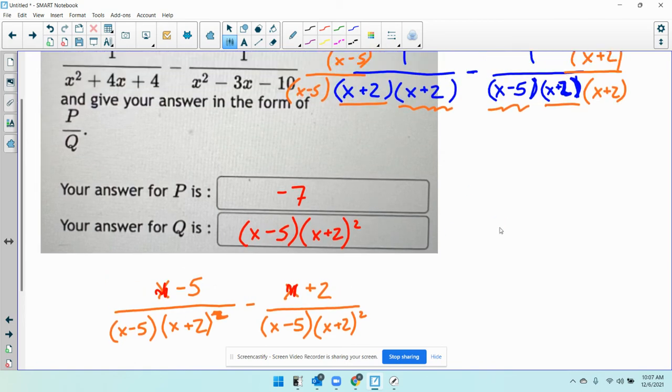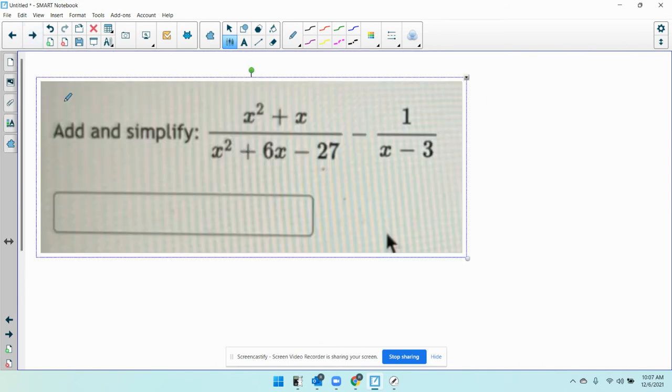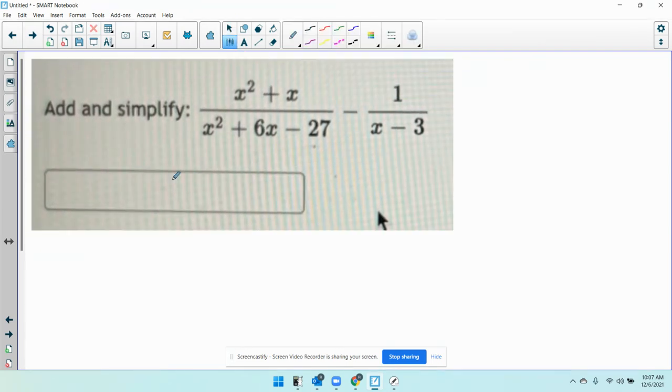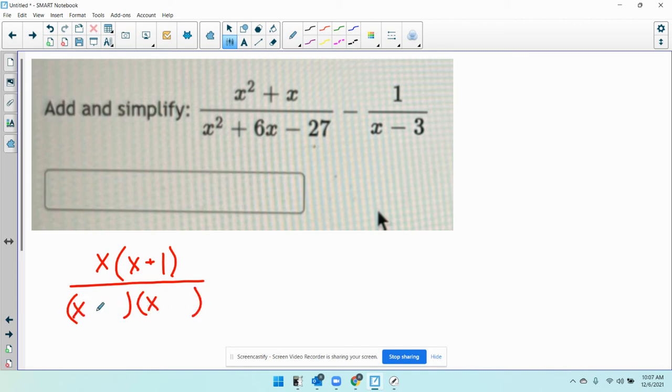Okay. And the last one, similar idea. I'm going to start by factoring everything, but now I can factor the top on this one. I can factor out an x. This is x times the quantity x squared, take an x out, I'm left with x, plus 1, over, this thing factors, multiplies to negative 27, adds up to positive 6.